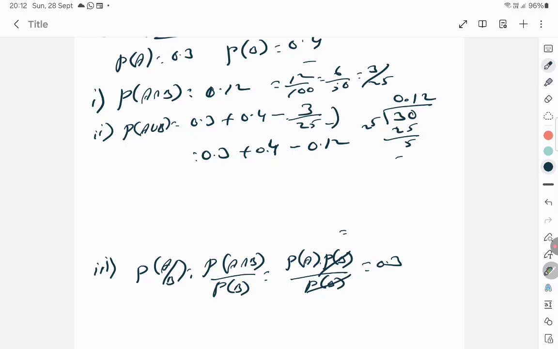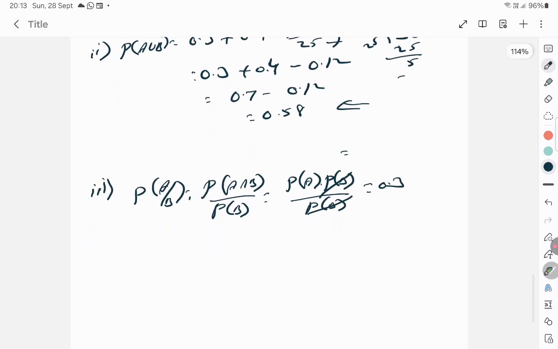Oh yeah, so you could have solved it like this, so that 3 by 25 is also 0.12, and this is 0.7 minus 0.12, which will be 0.58. Okay, sorry about that. So then coming back to this sum, the answer is correct, so 0.3.